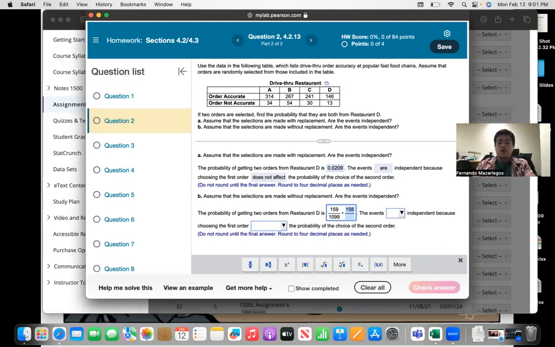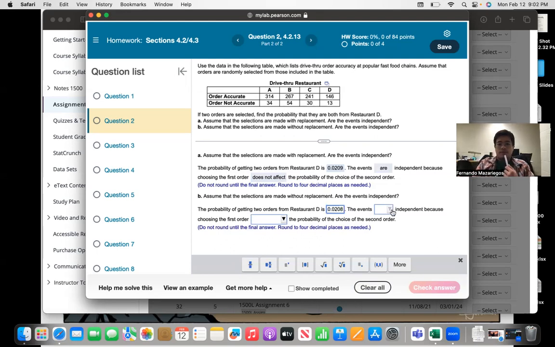So I only have 158 left. And I don't have 1099 orders total anymore because I already took one of them and I didn't put it back. So I have 1098 orders left. So let's calculate this. Rounded to 4 decimal places, this is 0.0208.